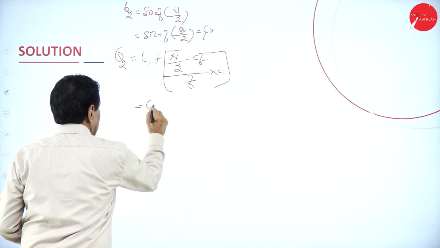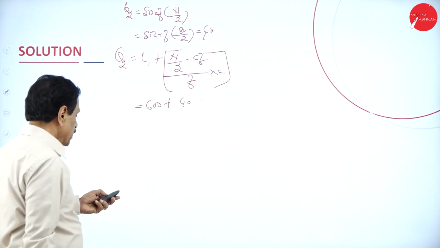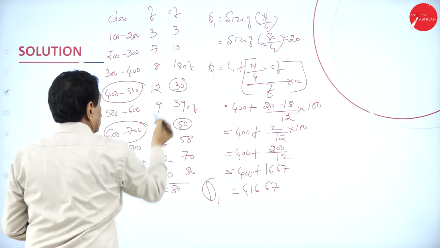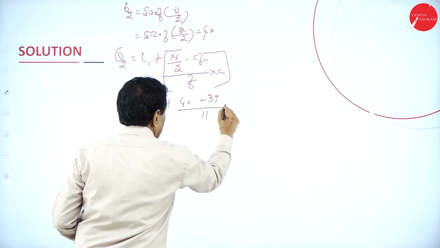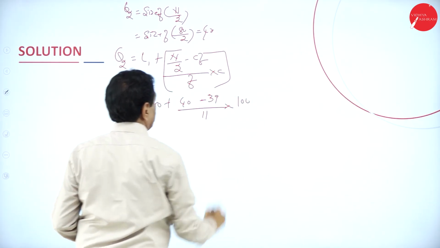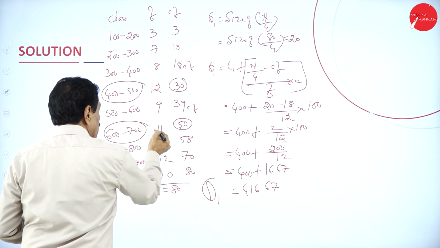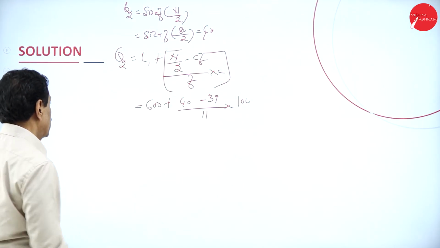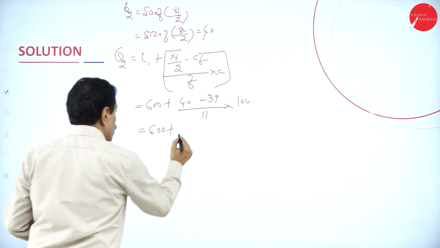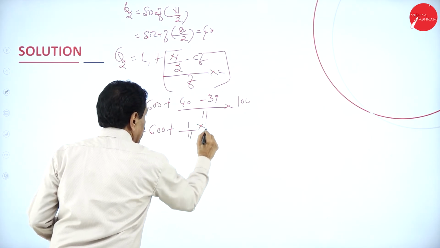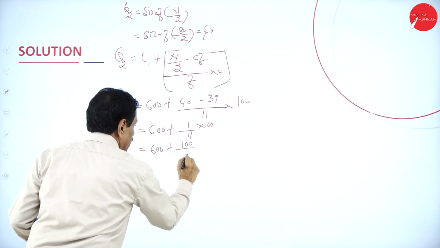L1 is 600 plus N by 2, which is 40, minus the previous CF of 39, divided by the frequency 11, into the class interval 100. Simplify. 600 plus 40 minus 39, which is 1, divided by 11 into 100. This is 600 plus 100 divided by 11.